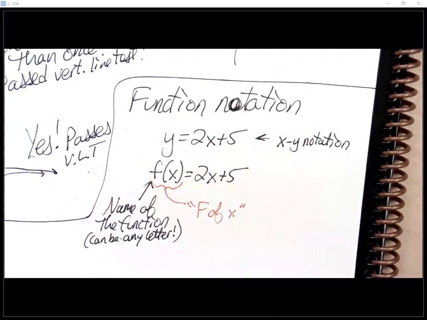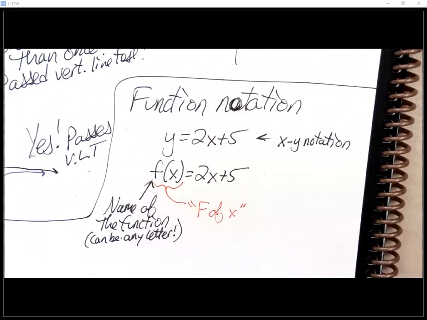That's what I'm going to put into this. And on my right-hand side is just whatever the function is. So I can replace that X with numbers or other variables. So if I wanted to find F of 7, let's say, that just means, hey, take the 7 and plug it in on the right-hand side of the equation and then just evaluate it.